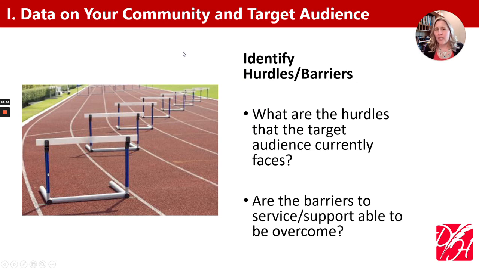What are the best data points to include? Well, we want to make sure that our grant makers, even if they live in or are aware of our community, our region, our state, we want them to best understand the hurdles or the barriers that our current target audience, those that we anticipate serving, what is it that they are experiencing?